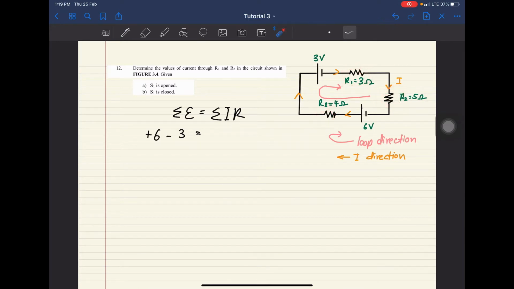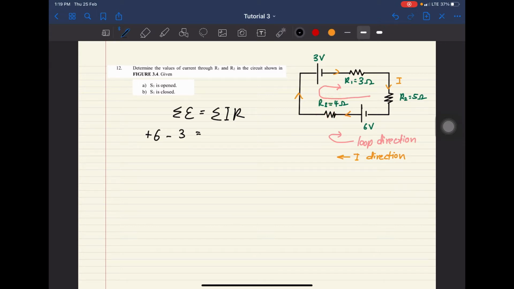So you would expect to have 3 terms over here as well. I'm going to start with this one, next to the first one, it doesn't matter where you start from. I'm going to flow in the loop direction as well. For the first one, my current direction is to the left and my loop direction is to the left, so it will be in the same direction.